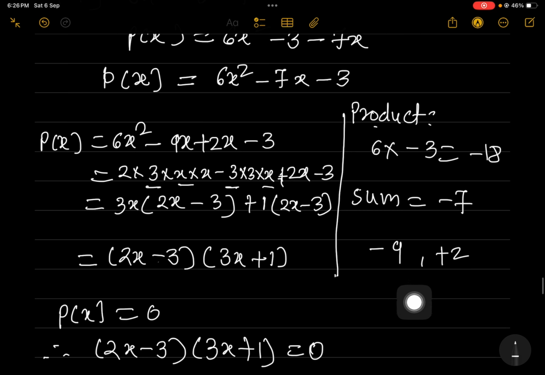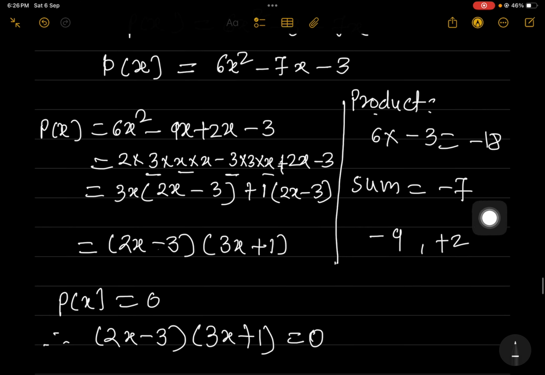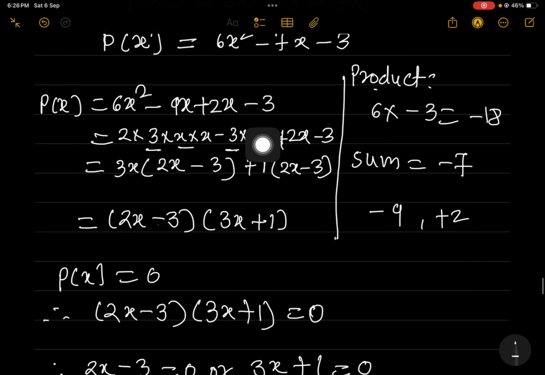Minus 9 and plus 2. If you add them, it becomes minus 7: 9 minus 2 is 7, with the bigger number's sign, minus 7. And the multiplication, 9 twos are 18, with the minus sign, so the product is minus 18.